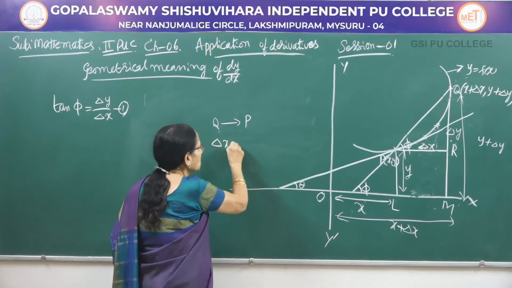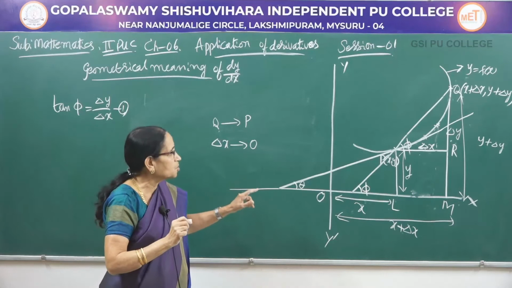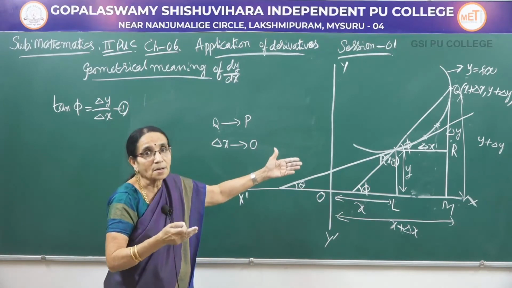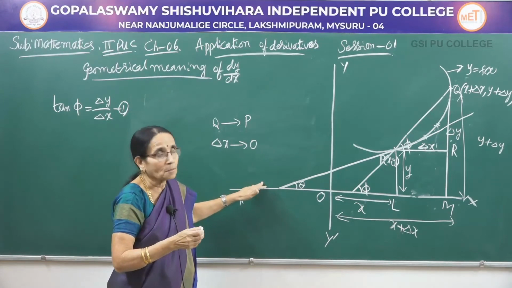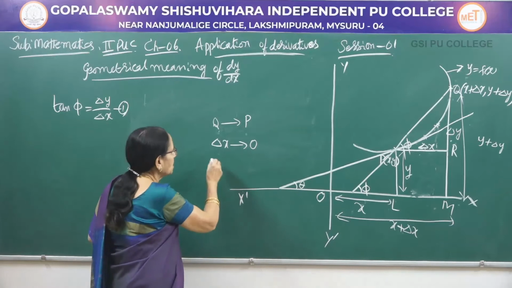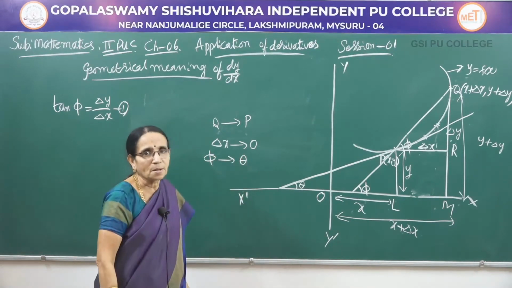What happens to delta x? It tends to 0 as Q tends to P, and what has happened? There is no chord at all, it has become a tangent. So as Q tends to P, delta x tends to 0 and the angle phi is tending to angle theta.